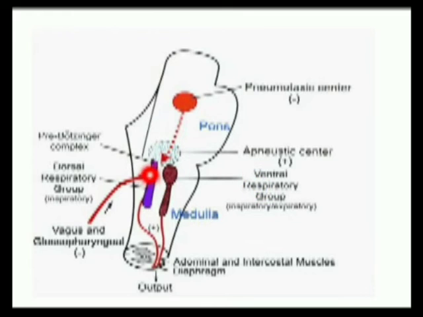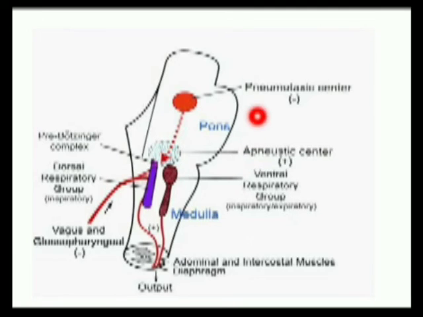The dorsal respiratory group is connected with the diaphragm in the abdomen portion, but the ventral respiratory group is connected with the internal intercostal muscle. That means it is connected with the extra inhalation or extra exhalation procedure.